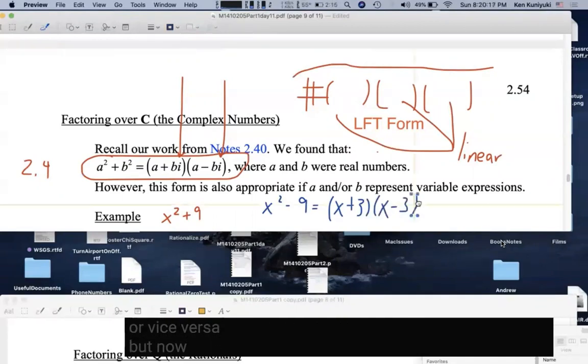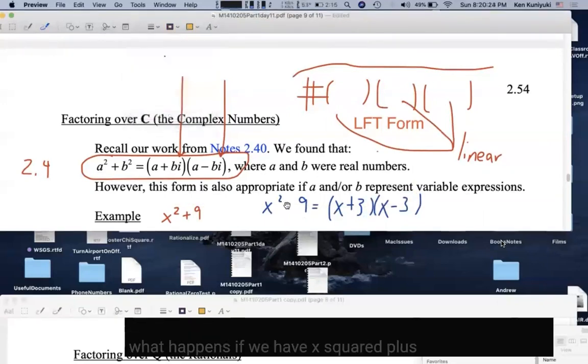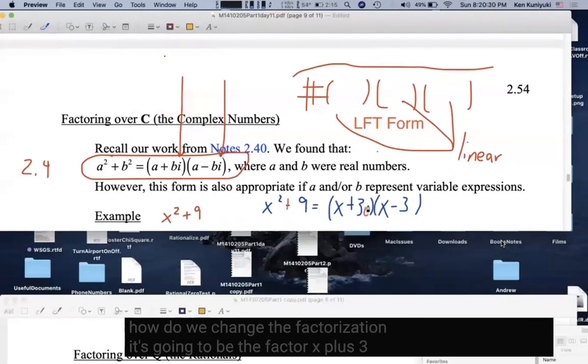But now, in red, what happens if we have x squared plus 9? How do we change the factorization? It's going to be the factor x plus 3i times the factor x minus 3i.